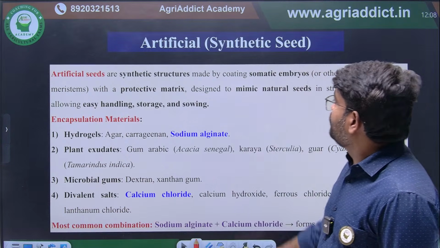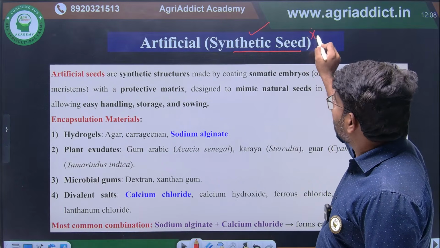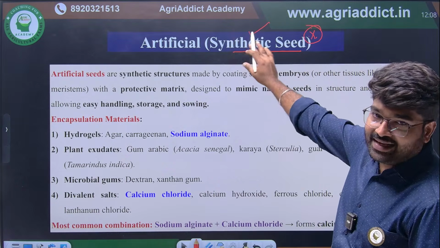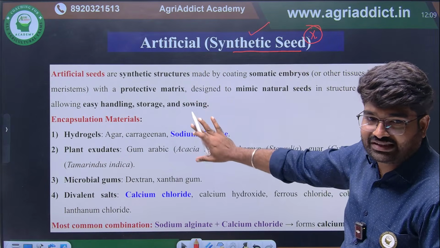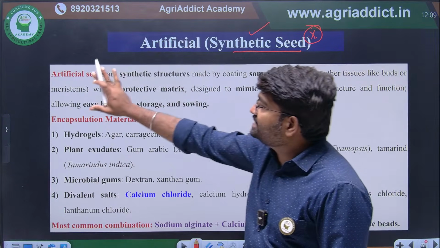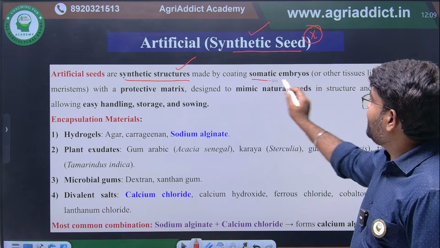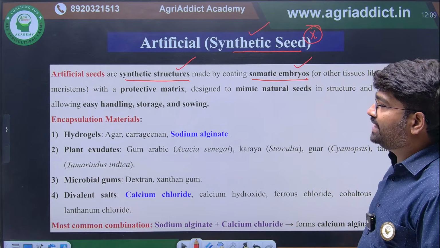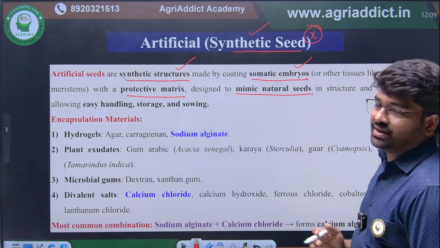Then the most important thing, artificial or synthetic seed. First we will see what is meant by artificial seeds and what questions they will ask. Artificial seed is a synthetic structure made by coating somatic embryos with a protective matrix to mimic natural seeds.